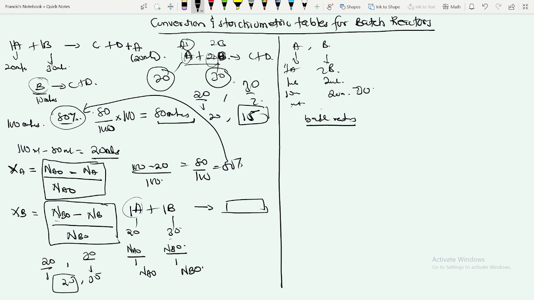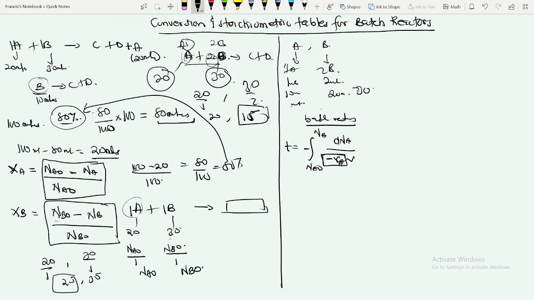So we had the design equation to be t equals the integral from NA naught to NA of dNA over minus rA V. And this minus here simply indicates that it's the rate according to the reactant, where A is our reactant. Now we want to write the design equation in terms of conversion.